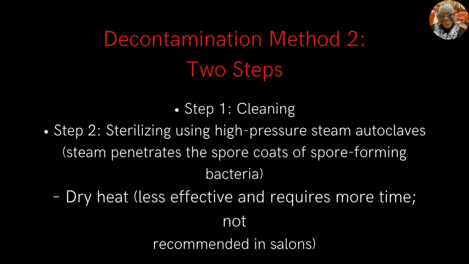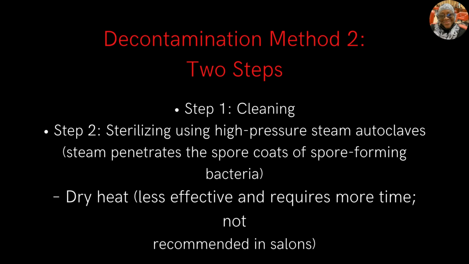Decontamination method number 2. You'll do step 1, cleaning. Step 2, sterilizing with a high pressure steam autoclave. Steam penetrates the spore coats of the spore forming bacteria. So the steam, the high temperature, will break that coat on the bacteria when they become dormant.